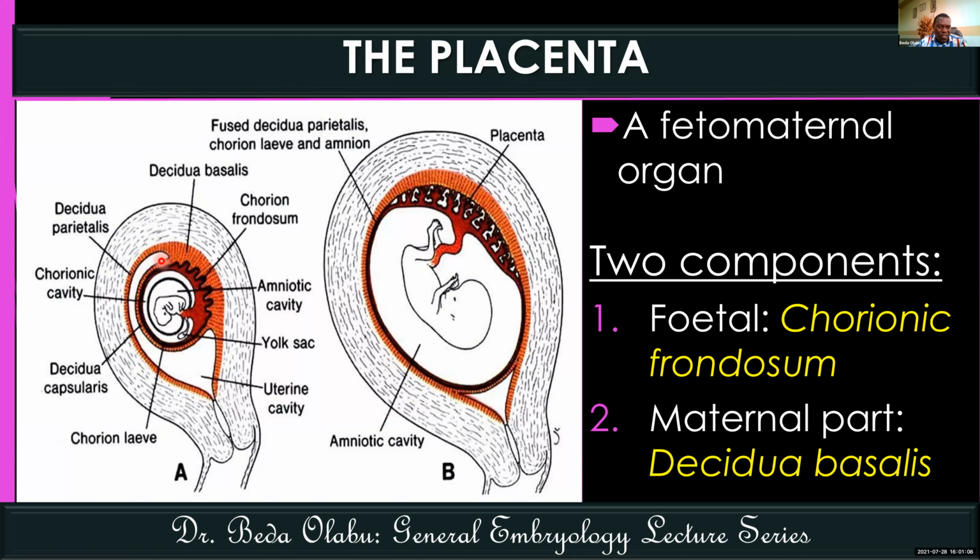Then the one that is covering the pregnancy itself at the site of implantation is known as decidua capsularis. So parietalis and capsularis do not contribute to formation of the placenta. The one that contributes to formation of the placenta is the decidua basalis. That's why we are saying that the placenta is a fetal maternal organ.